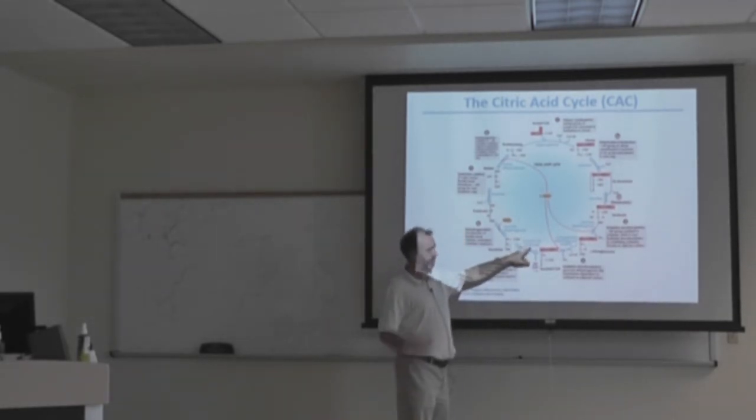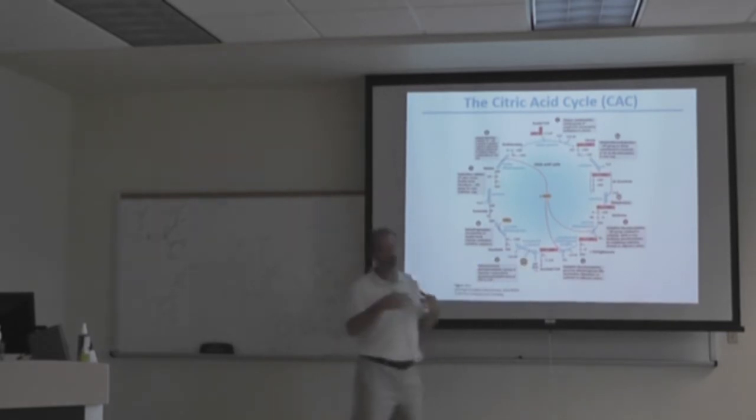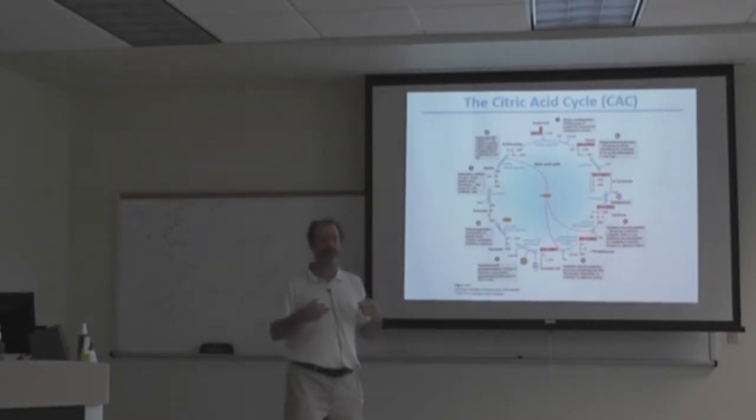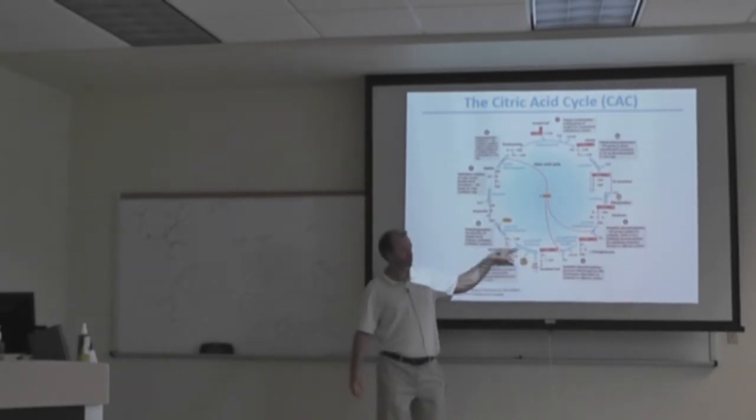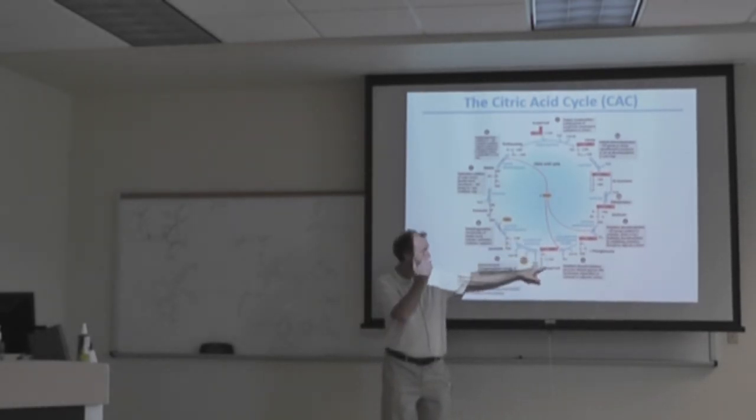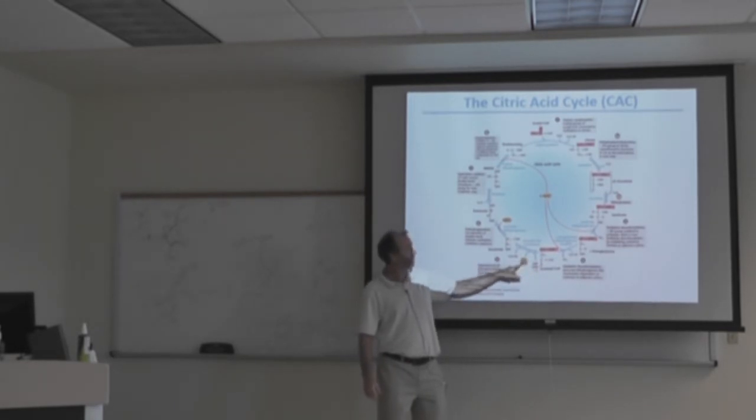Then succinyl-CoA synthetase, which is one of those enzyme names where it's kind of named for the reverse reaction of what we actually see. So you take succinyl-CoA and we produce a GTP and succinate.